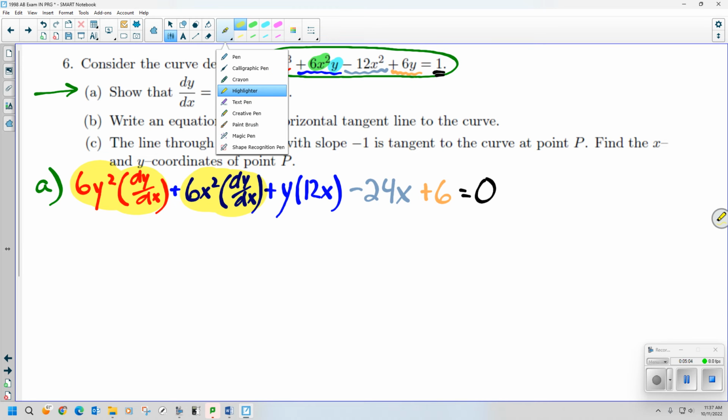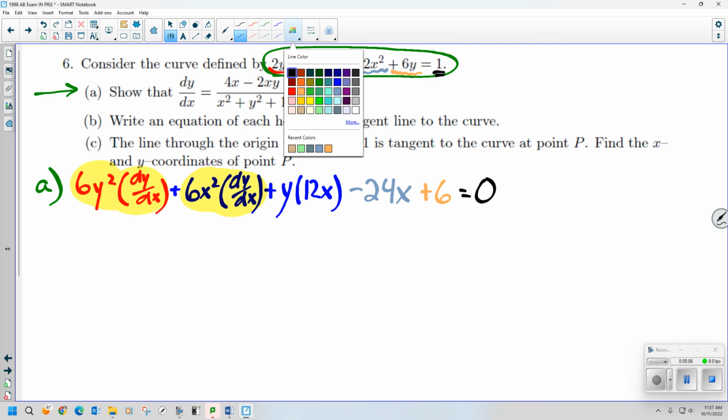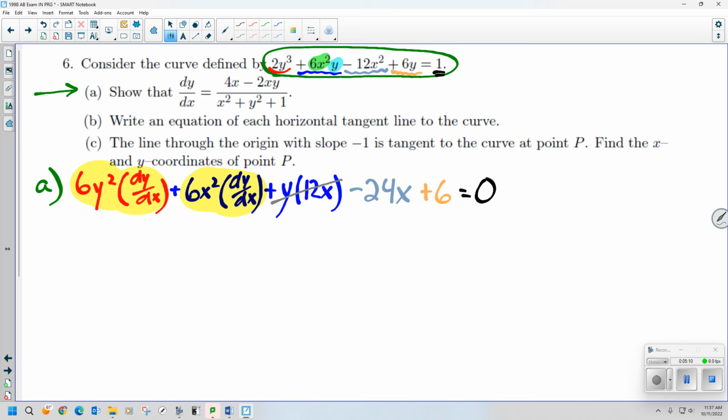Okay, so let's go ahead and start that. I'm going to rewrite that. That's 12xy. So what I'm going to do is as follows. I'm going to subtract 12xy, subtract 12xy.